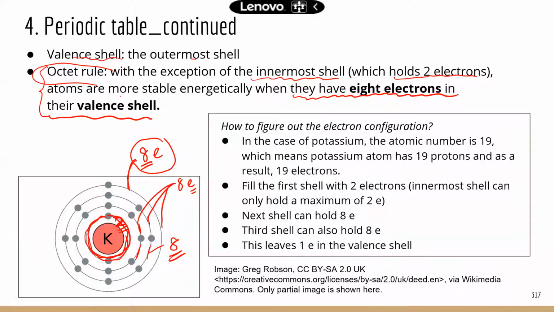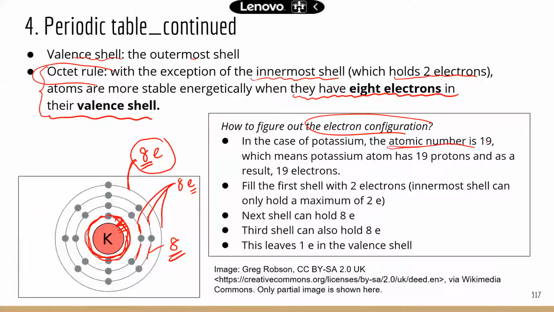In order to figure out how many electrons are in the valence shell, we need to determine how to do the electron configuration, and figure out how the electrons are distributed in the different shells. Let's look at potassium as an example. If you go to the periodic table, you need to be able to do this on your own.